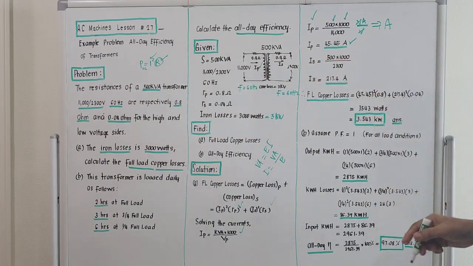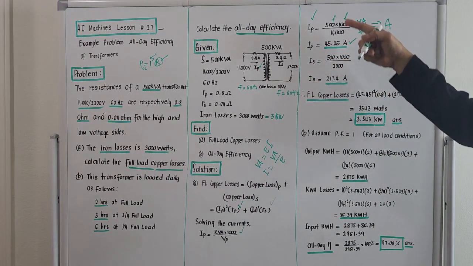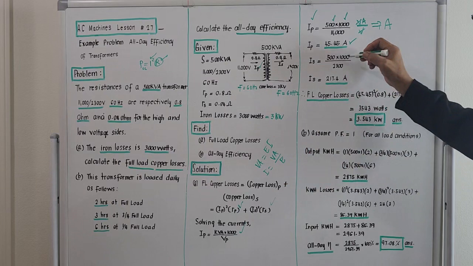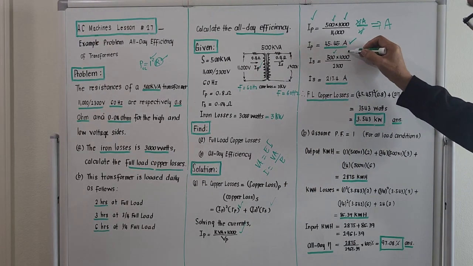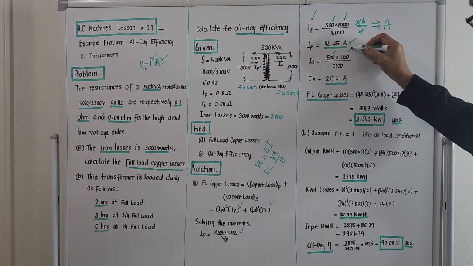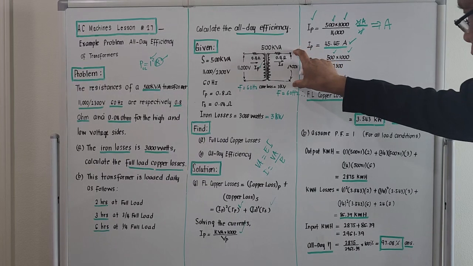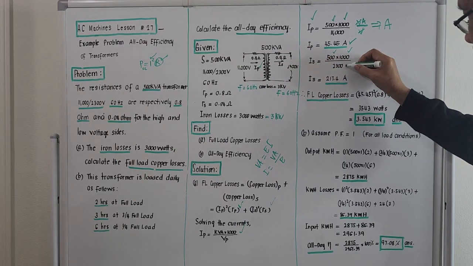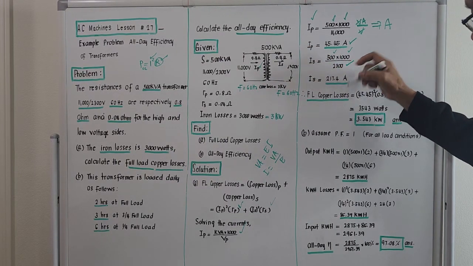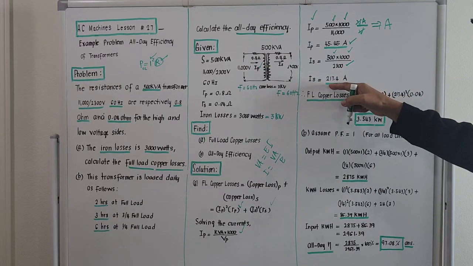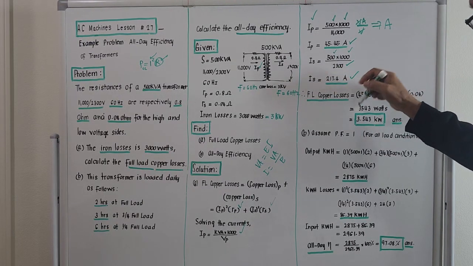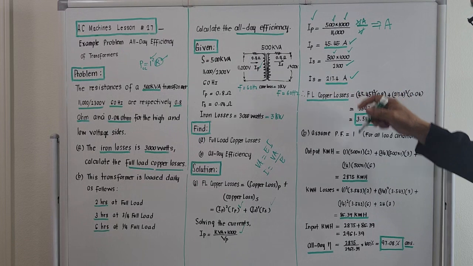Computing for the secondary current, we will still use the same formula. 500 times 1,000. The voltage on the secondary side is 2,300. This is over 2,300. Secondary current will be 217.4 amperes. It is bigger. Why is it bigger?